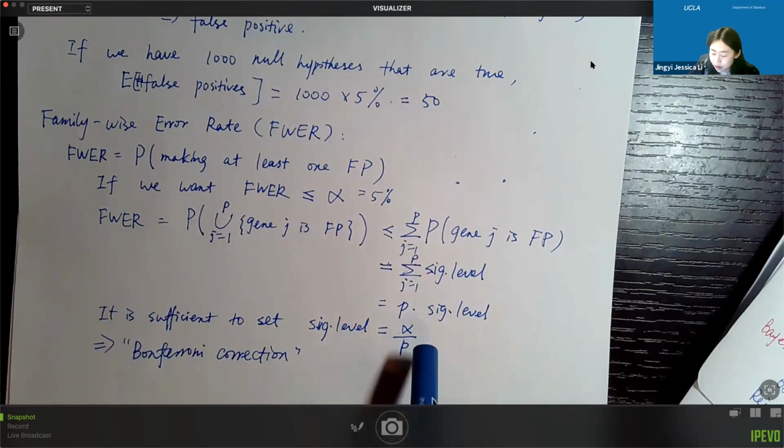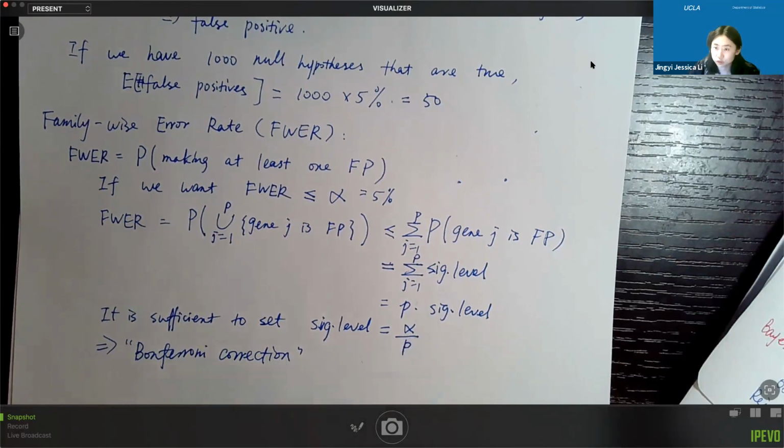Like say if alpha is 5%, 0.05, if we divide it by 1,000, let's say P is 1,000, or usually it's more than that, right? If you have 20,000 human genes, P is equal to 20,000. Then this significance level is super small. And if you compare each test p-value to this super small significance level, you may not reject any test.